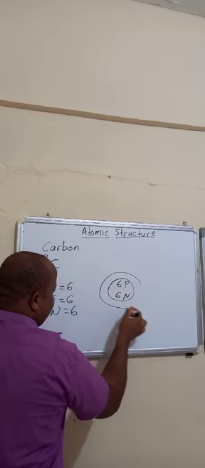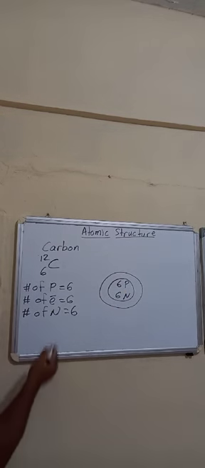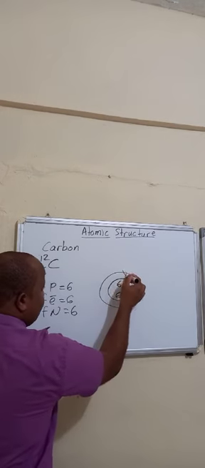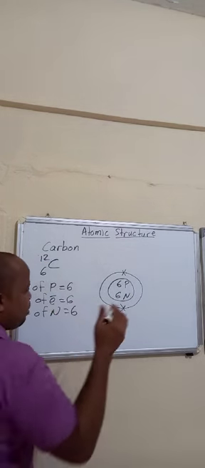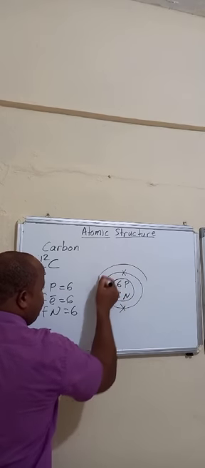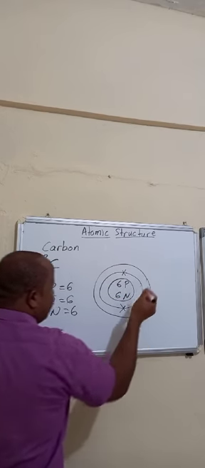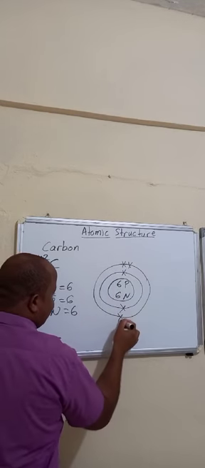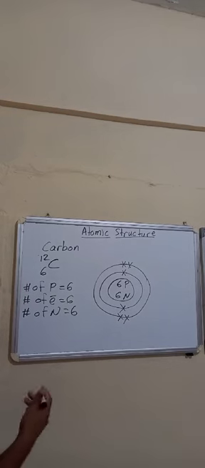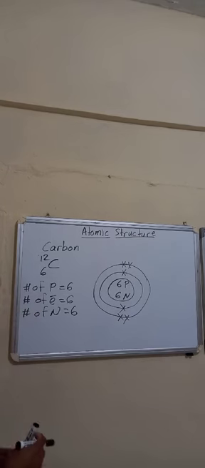The first shell, we have a total of 6 electrons. The first shell can hold 2. So 2 from 6, we have 4 electrons remaining, so we need a second shell. And on the second shell, we will put our remaining 4 electrons and we are finished. Sodium had 11, carbon only has 6, so we have no need for a third shell.